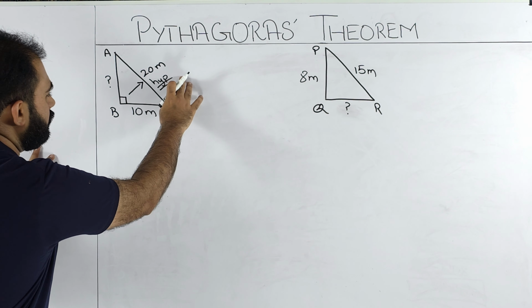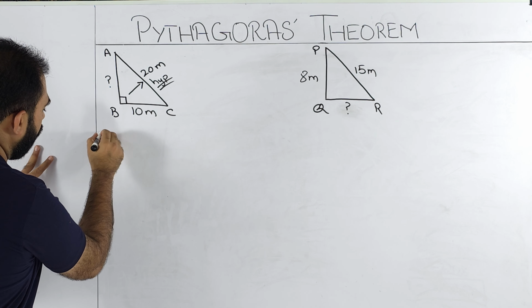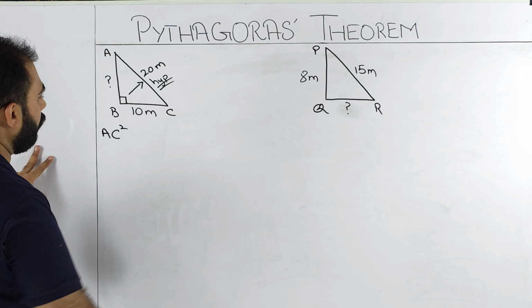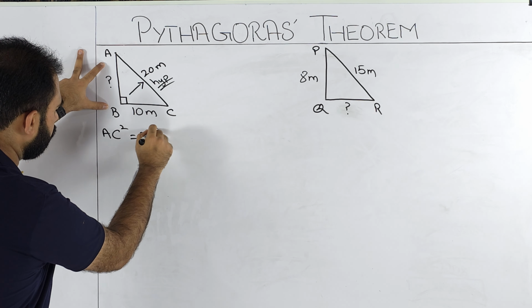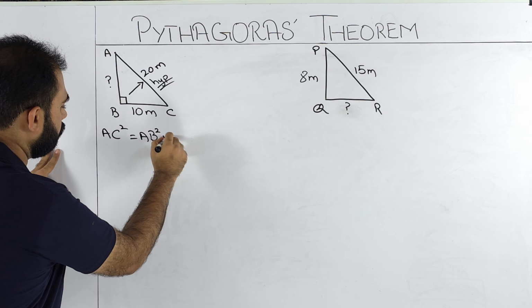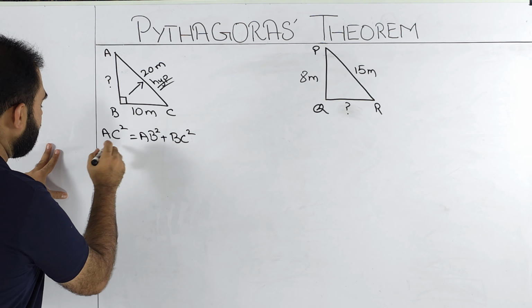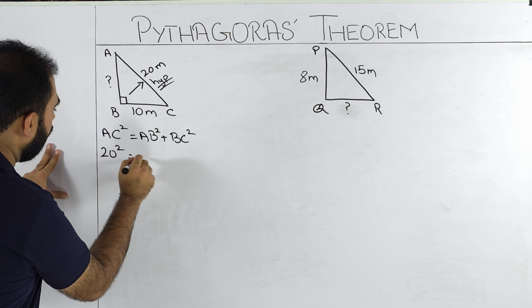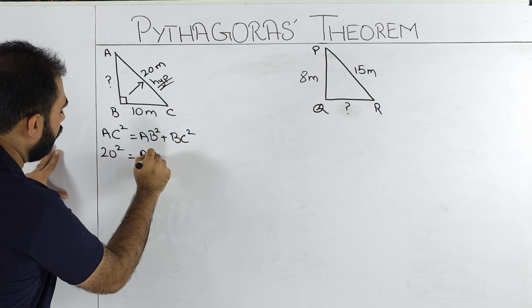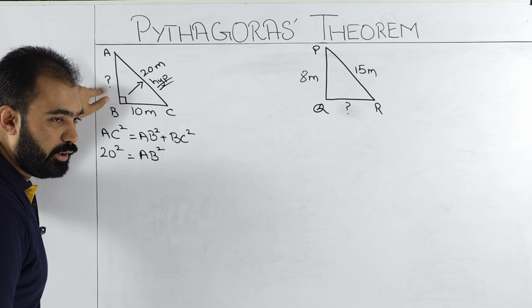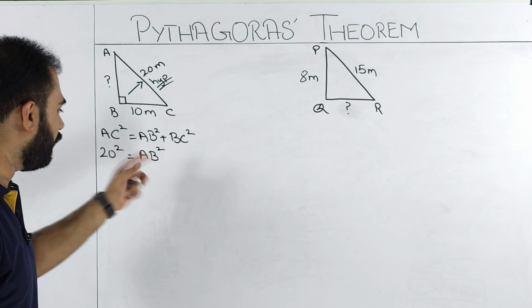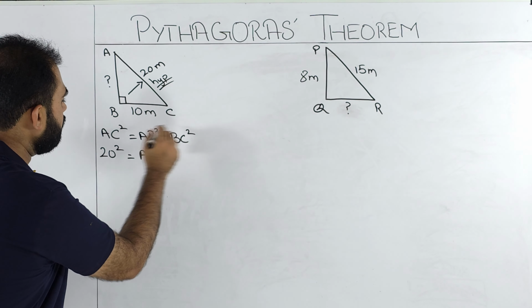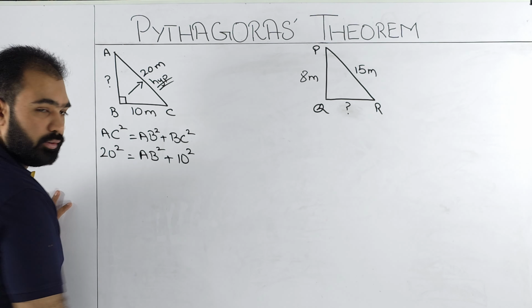Now, this is hypotenuse, so we can say according to Pythagoras theorem, AC square is equals to AB square plus BC square. Now, AC square is 20 square, AB square we have to find out, so we are going to, because यहाँ पे ABC कोई unknown नहीं दिया हुआ, so we will use the name of the length, that is AB square plus BC square is 10 square.